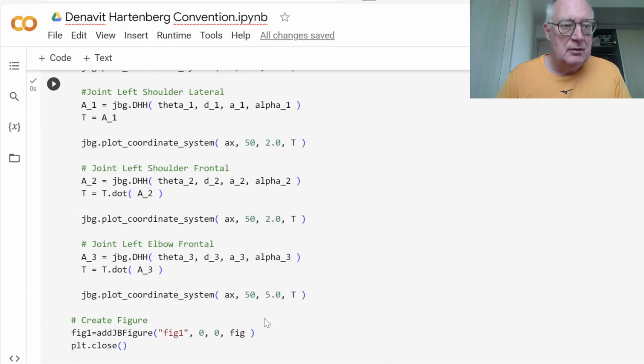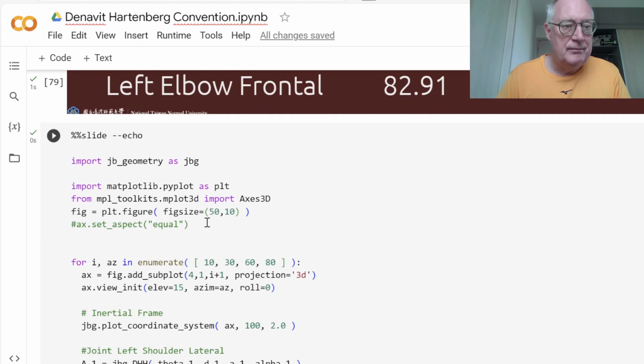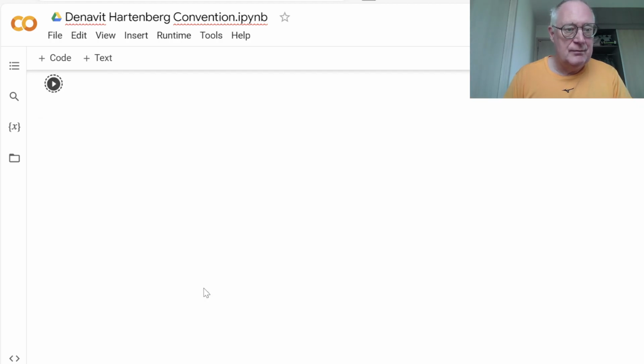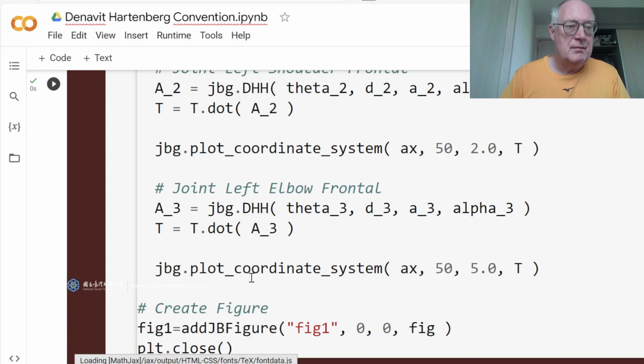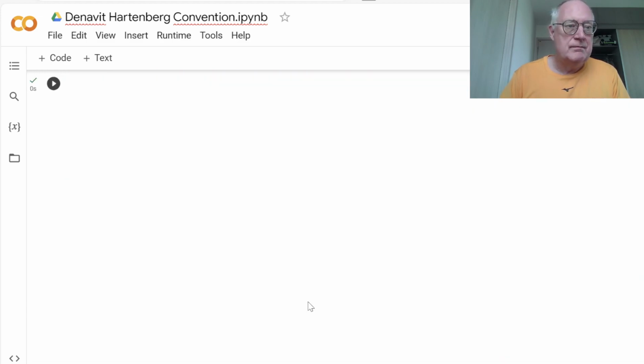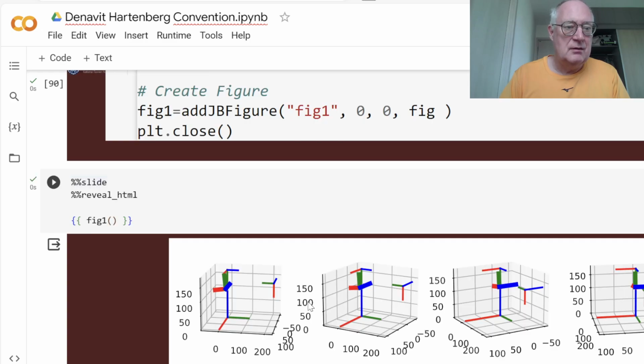And now if I go 1050, and switch this to 1.4. Okay, then they're a little bit bigger, and we can now see where the joints are a little bit easier.